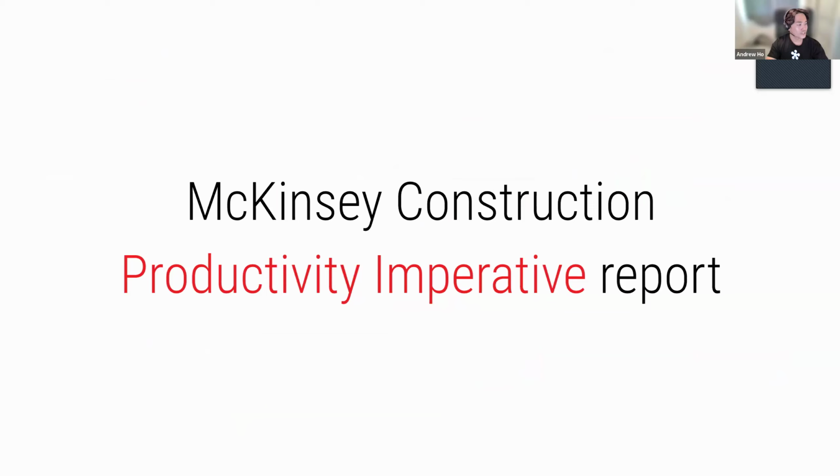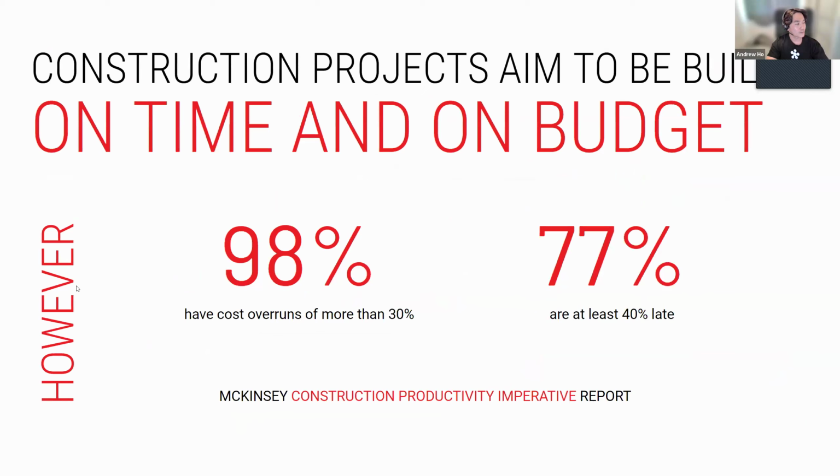Now, without going into much detail, I'm going to share with you all a quick study on the construction scene based on a report done by McKinsey, the Construction Productivity Imperative Report. This report highlights that we all know construction is complex, right?